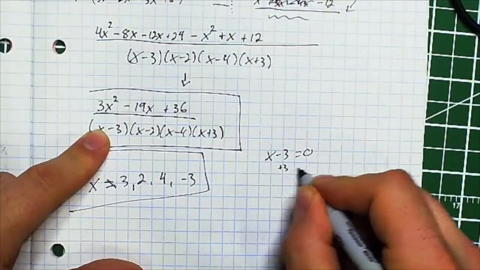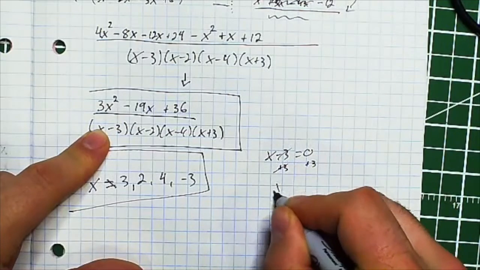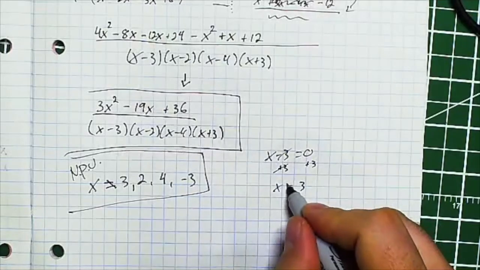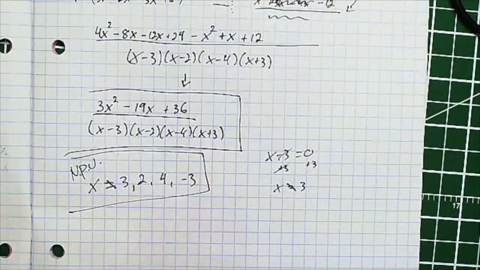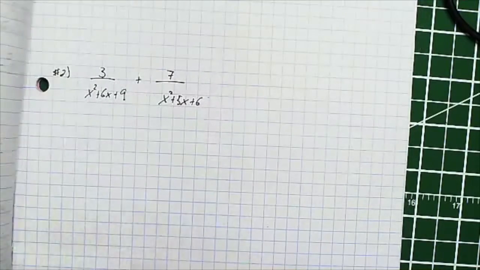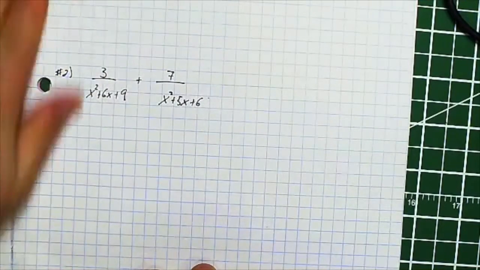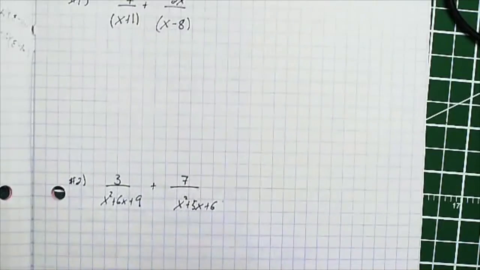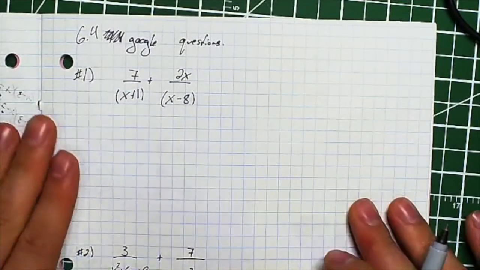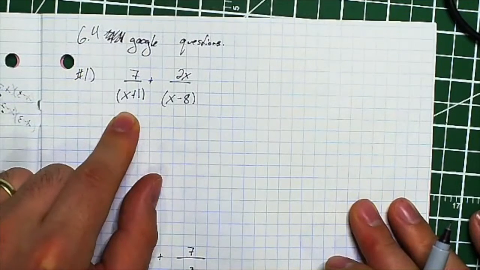If you ever forget how we get those, you basically take x minus 3, set it equal to 0, and use algebra to isolate x. And therefore it cannot be that number. That's it for those two. For this section at least.